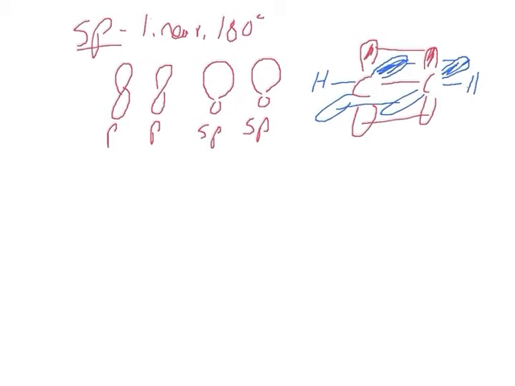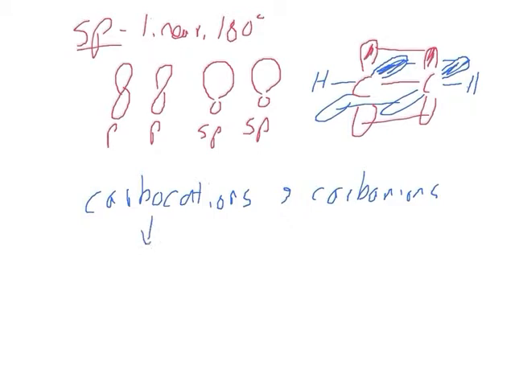We should also look at two other examples to make sure we understand this: carbocations and carbanions, and what their hybridization states are.